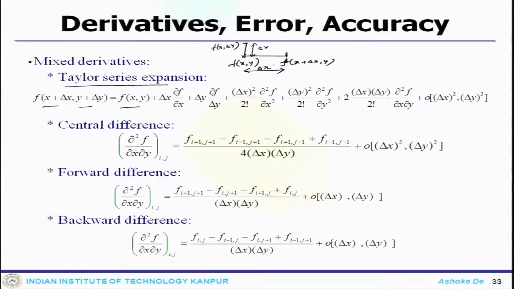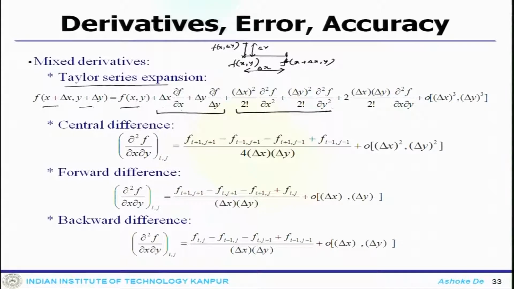So, if x plus delta x, y plus delta y, that would be f x y plus delta x del f by del x. This is the first derivative term, then delta x square by factorial 2 del 2f by del x2.